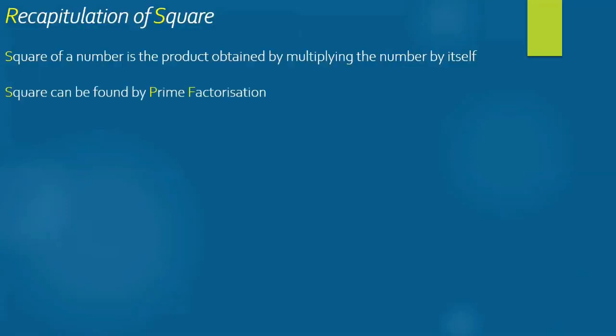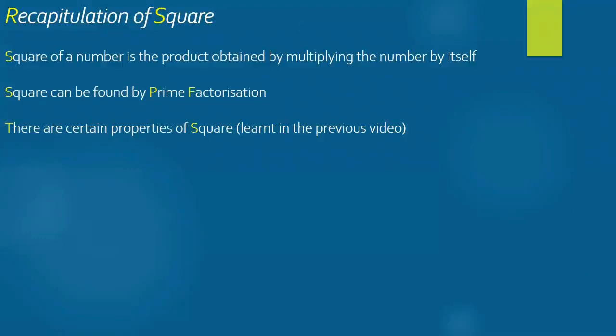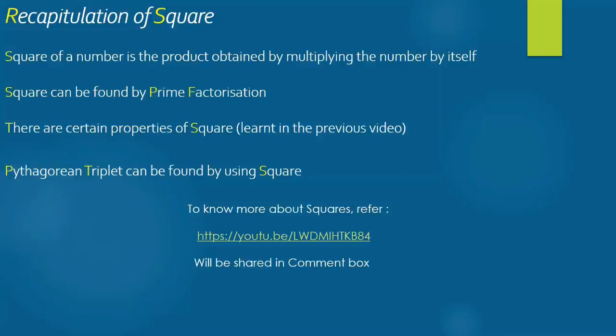Square can be found by prime factorization. There are certain properties of square which we learned in our previous video. Pythagorean triplet can be found by using square property. To know more about squares and its properties, refer to the video link here. This link will be shared in the comment box.